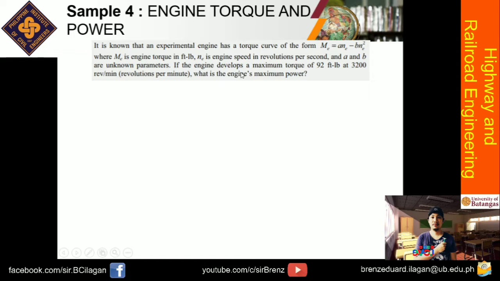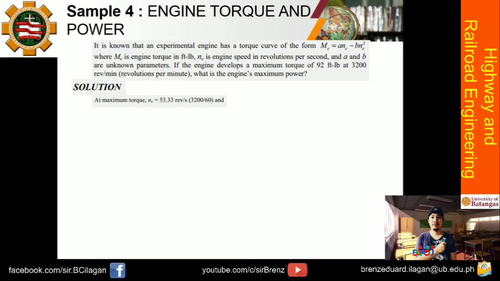If the engine develops a maximum torque of 92 feet-pound at 3,200 revolutions per minute, what is the engine's maximum power? So at maximum torque, the N sub E is equals to 53.33 revolutions per second. So kinuha lang natin yon by dividing the 3,200 revolutions per minute by 60.